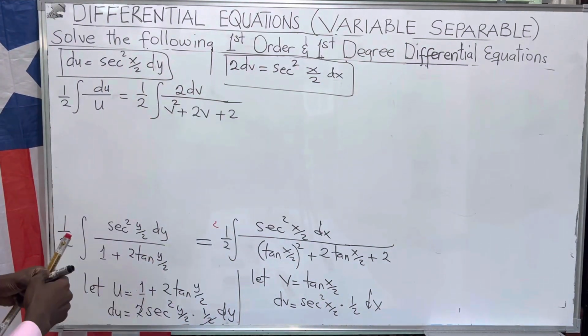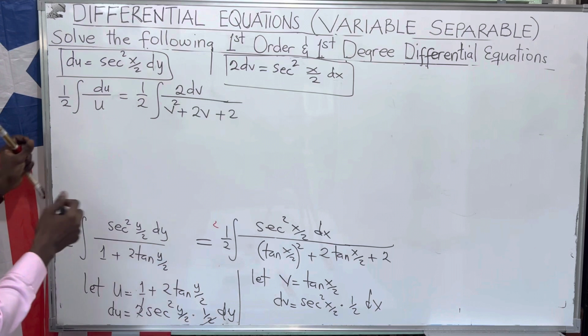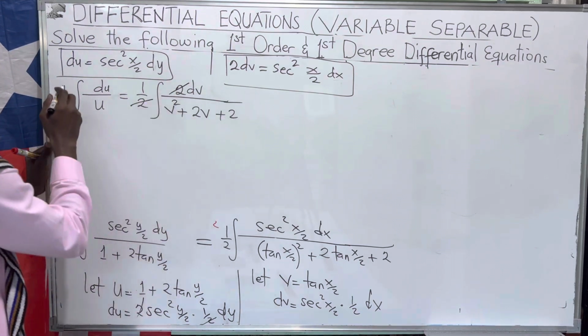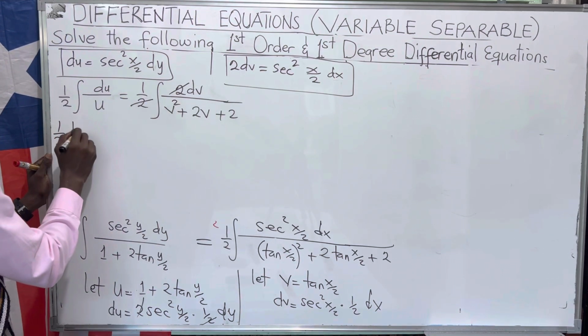We have to be very careful with the signs. So this 2 and this 2 cancel. Now this is just 1 over 2, the ln of u.